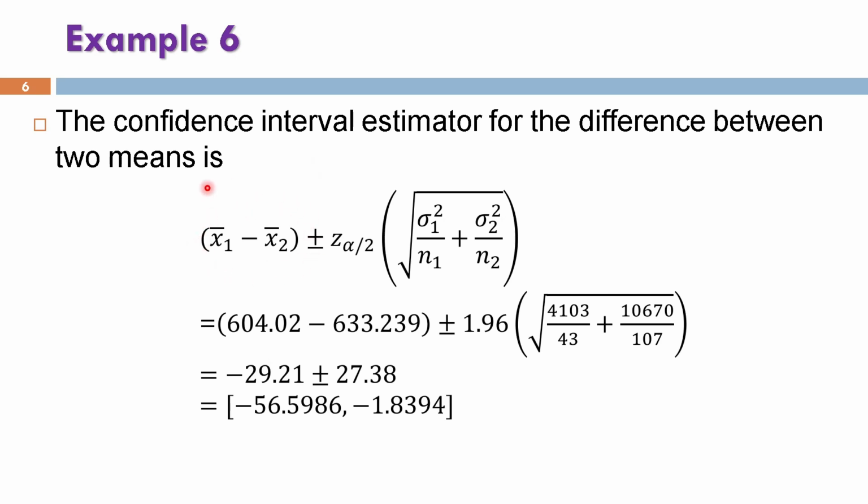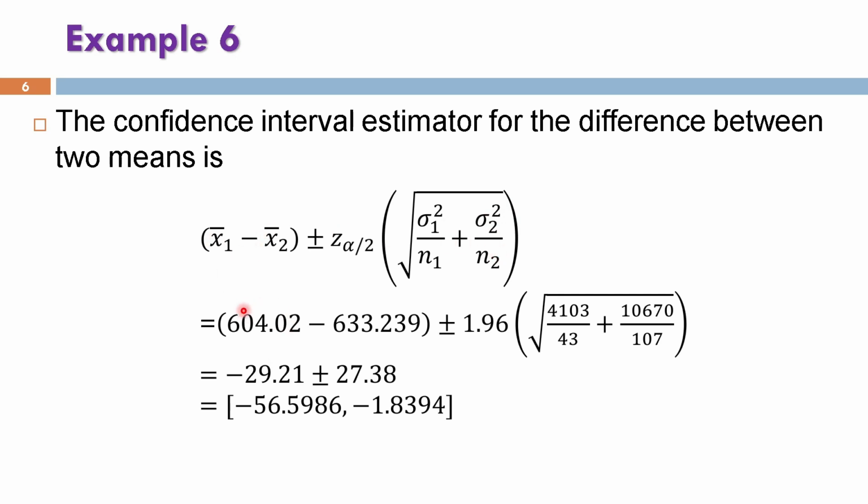The interval will be x bar 1 minus x bar 2 plus or minus Z alpha over 2 times the square root of the variance of population 1 divided by n1 plus variance of population 2 divided by n2.